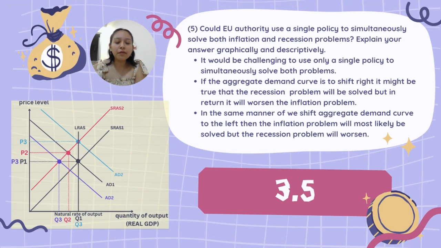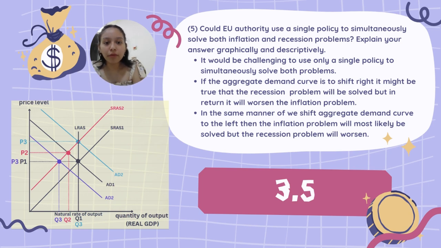Now 3.5 asks us if the European Union Authority could use a single policy to simultaneously solve inflation and recession problems. The answer is no, not completely, because this would be challenging.